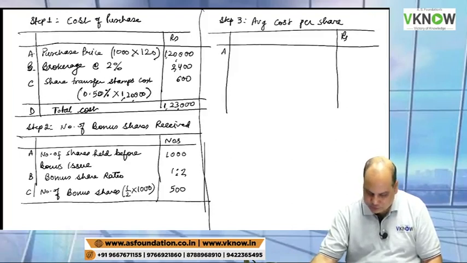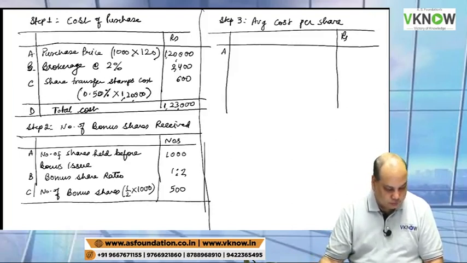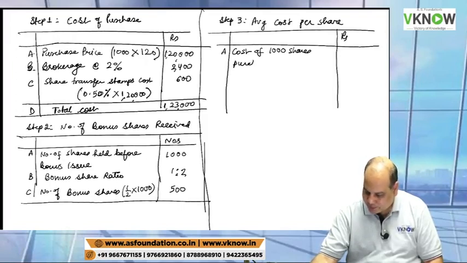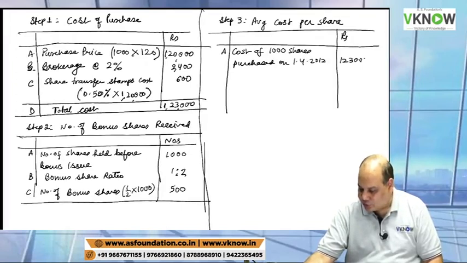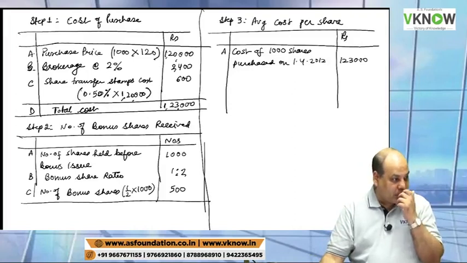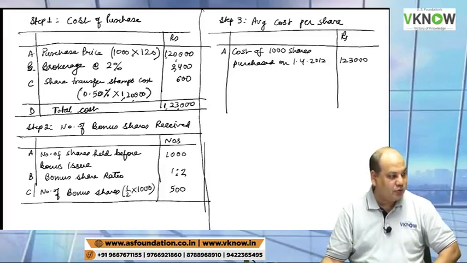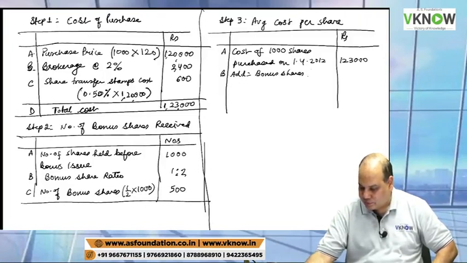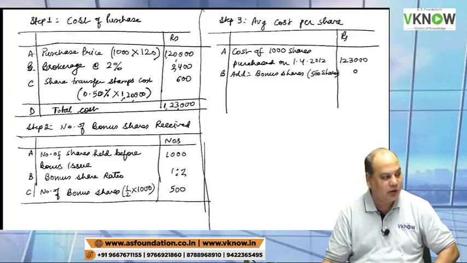First we'll write down cost of 1000 shares purchased on 1st April 2012, and that is 1,23,000. Kirti is right. 1:2. Then you write down add bonus shares, 500 shares, but the cost is nil.